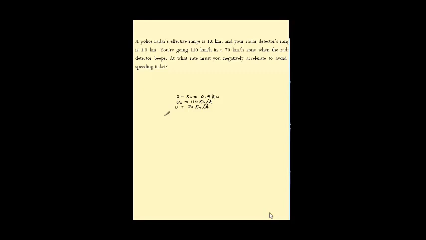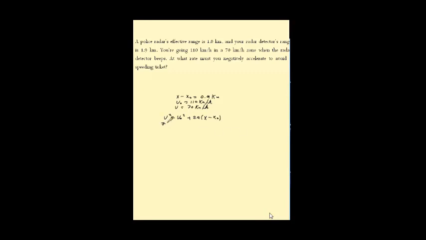So in order to find the acceleration of the driver, we can use this relation: v squared is equal to v0 squared plus 2a times (x minus x0).